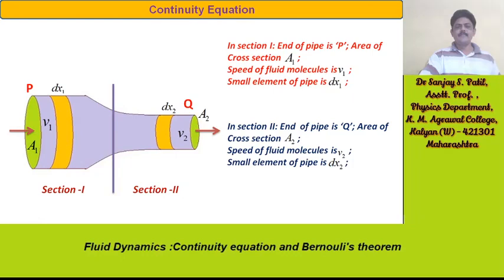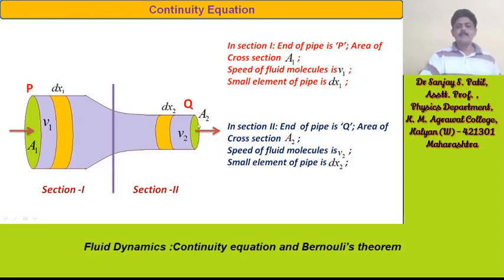Basically, in the continuity equation, area of cross section and speed of fluid molecule are dependent on each other. The relation is that area of cross section is inversely proportional to the speed of fluid molecules. If area of cross section is large, then speed of the fluid molecules will be smaller.